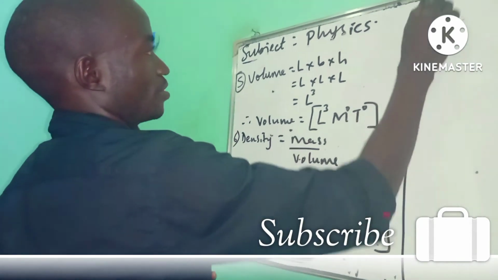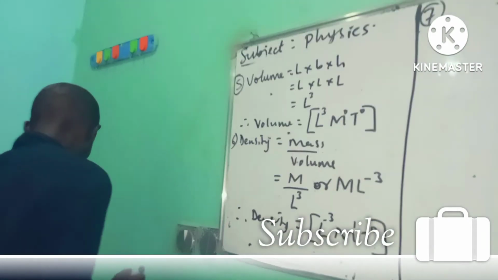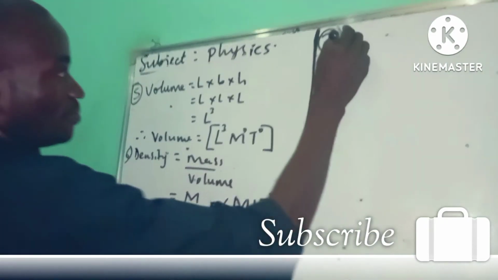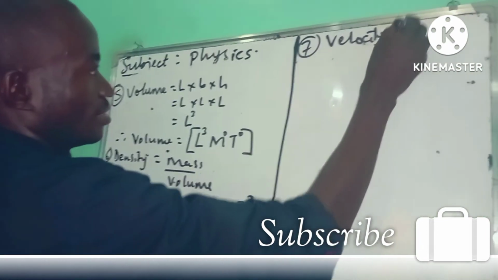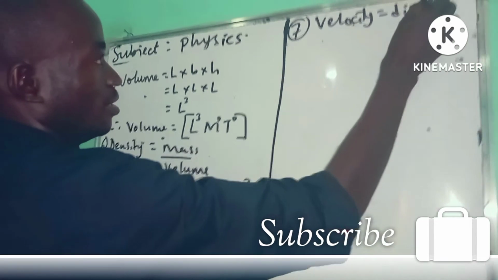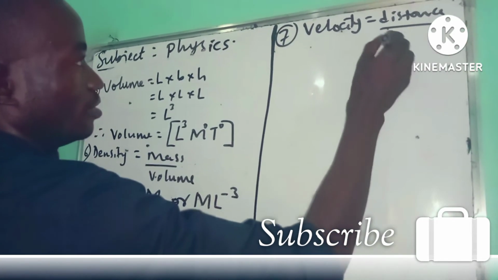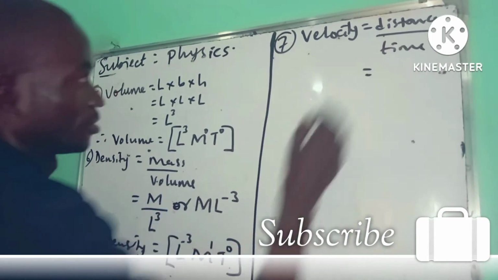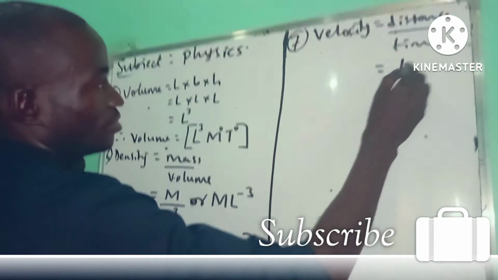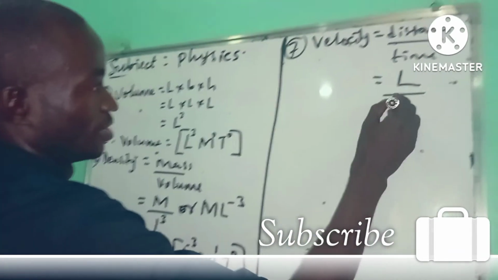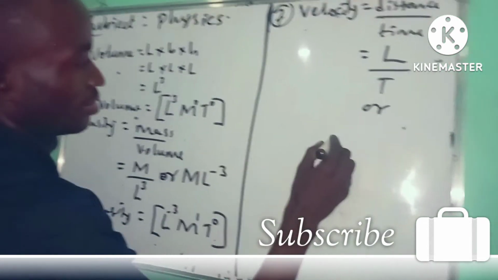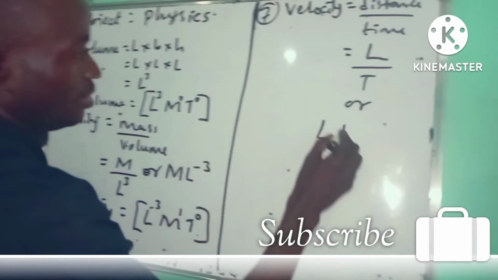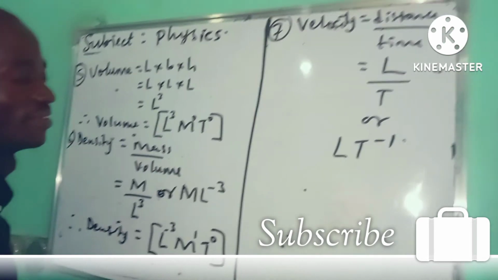Now the next we shall consider is example 7, which is velocity. Velocity can be expressed as distance upon time. And of course, distance is expressed in terms of length, and time is expressed in terms of capital letter T. So it can be written as L times T to the power of minus 1.